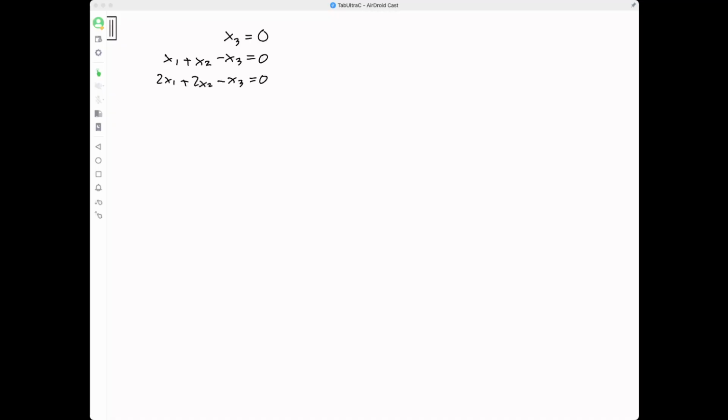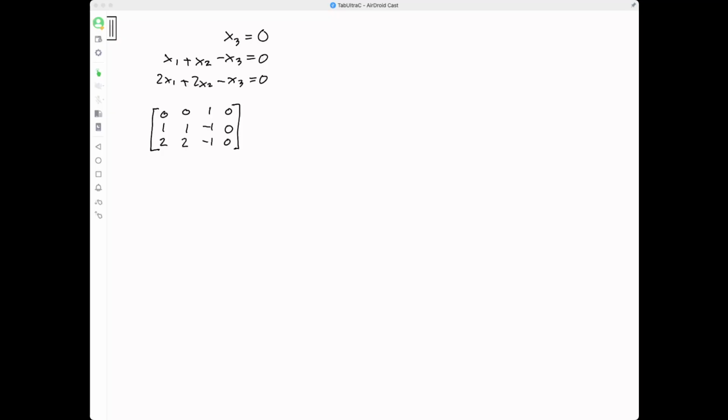This was the system that when we did it, we found that there were infinitely many solutions. And so when we look at this one, we're going to write it as a matrix as 0, 0, 1, 0, 1, 1, negative 1, 0, 2, 2, negative 1, 0.